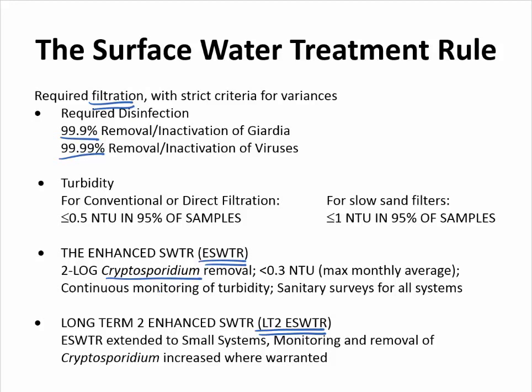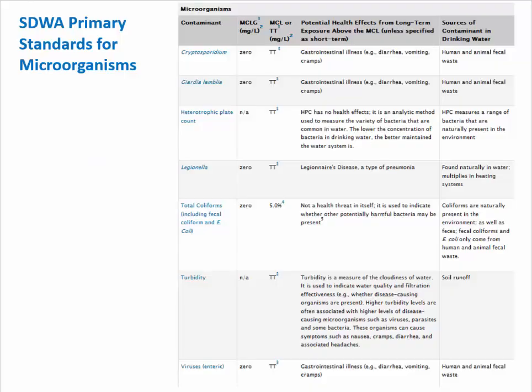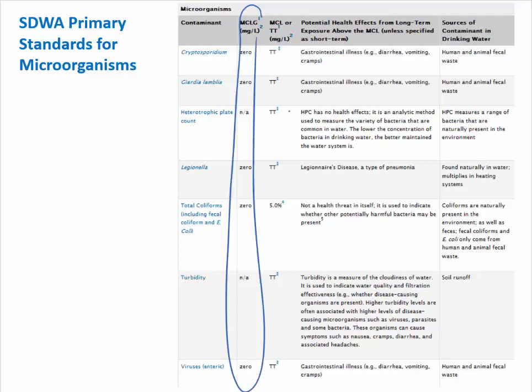Cryptosporidium is a pathogen that has caused major disease outbreaks and is particularly resistant to disinfection because it can form a spore. So if you look at the SDWA table again, you'll see that the maximum contaminant level goal is 0, but that a treatment technology is specified.